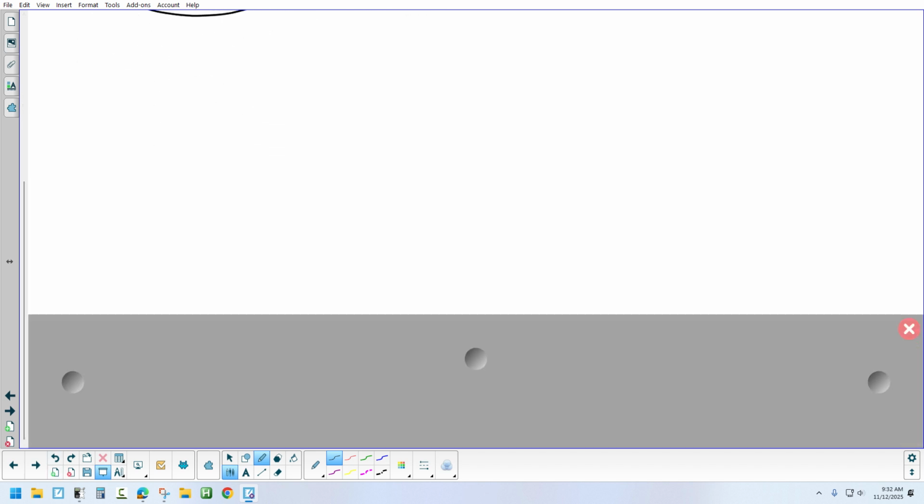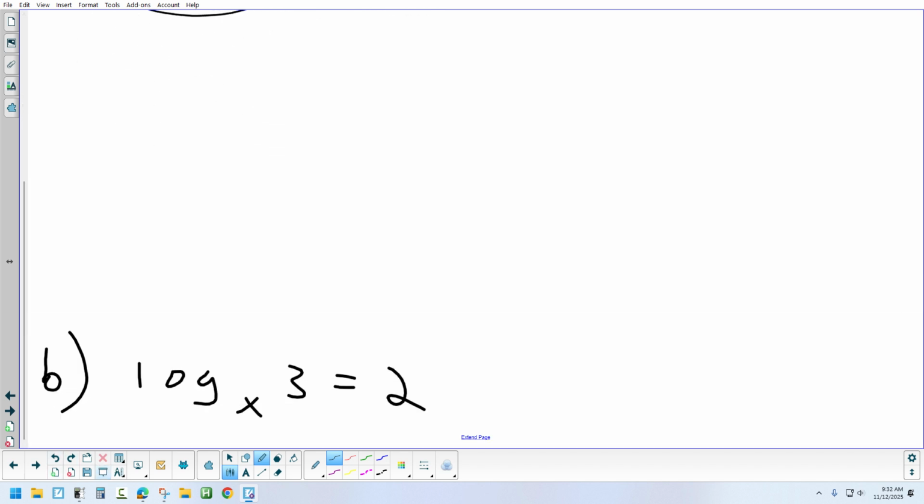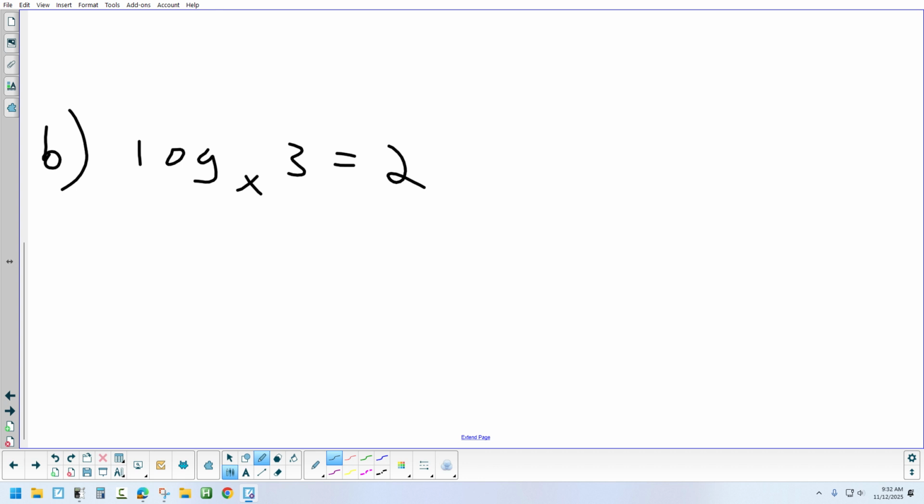Now let's try putting the variable in the base. Emma, what could I try on this one? You could make it into an exponential.